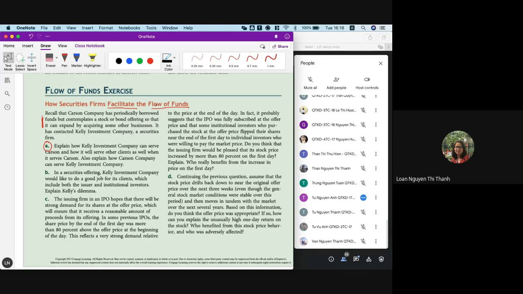You spell it out in detail by offering the services. Okay? Yes. You have the needs. I need a long-term funding to buy another company, to do the merger acquisition. So what can you serve me? What can you provide me?